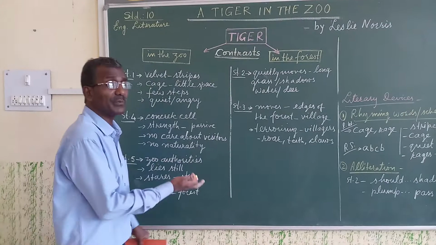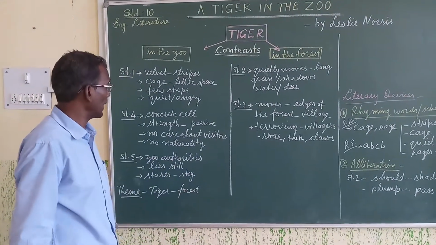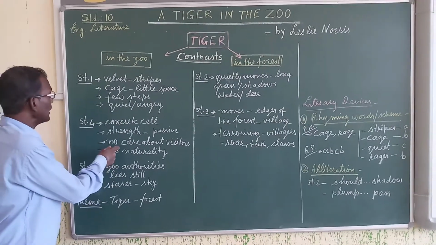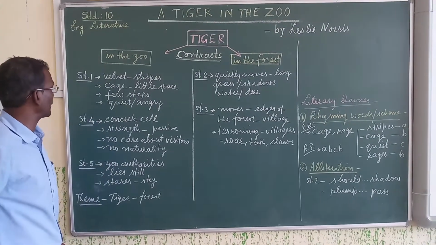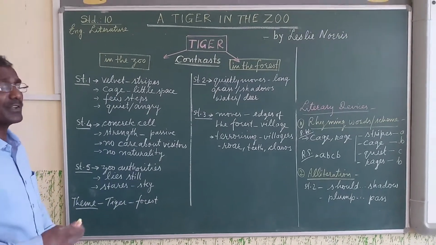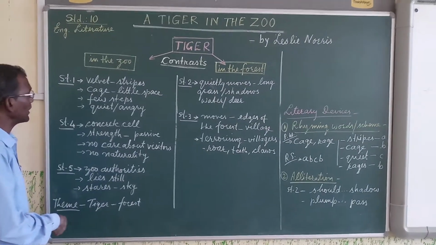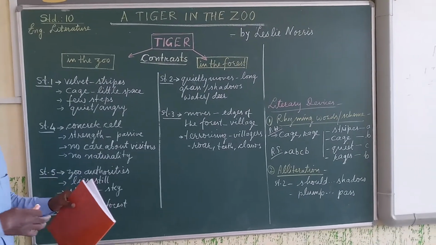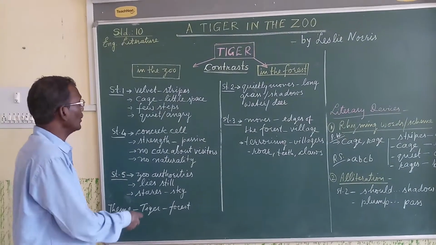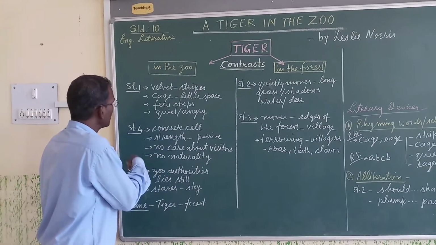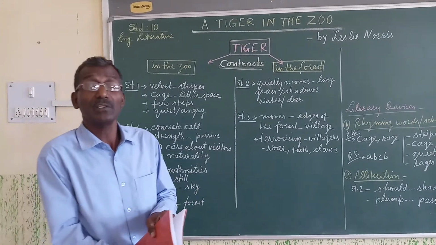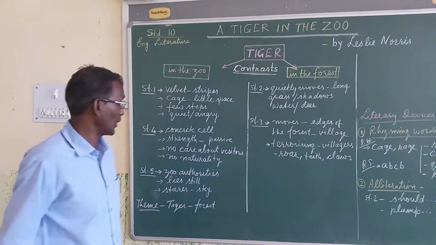His strength is of no use, having so much strength and muscular power. He is so used to the visitors, he does not care whether they are human beings or his enemies. He simply lies down and does not care about who is coming and going. So we can say that the tiger in the zoo has lost all his natural qualities.